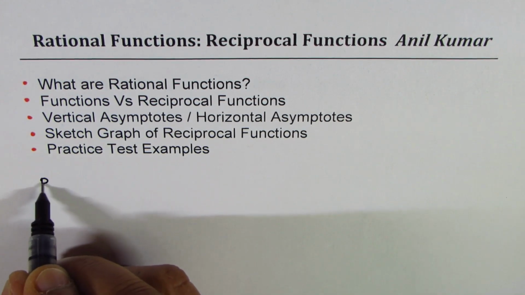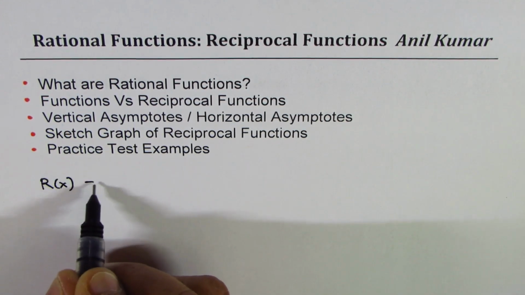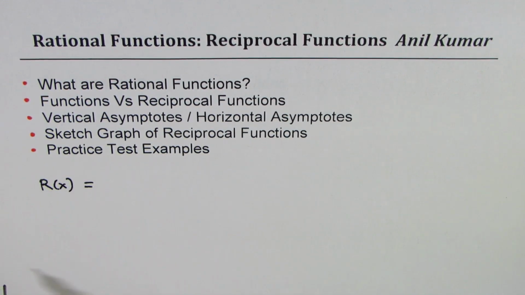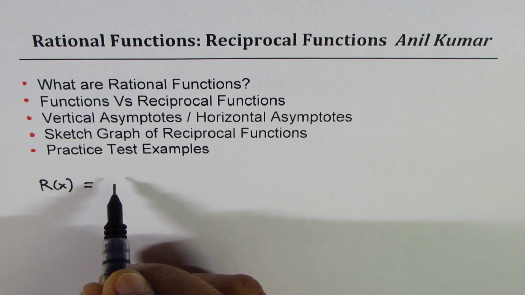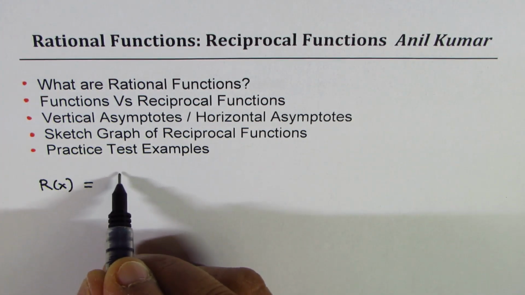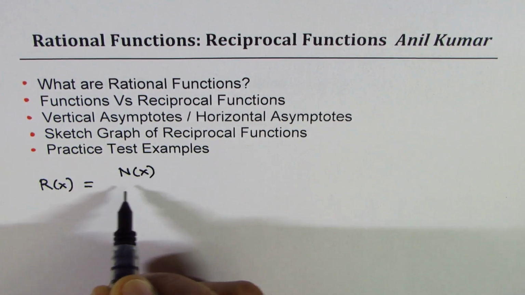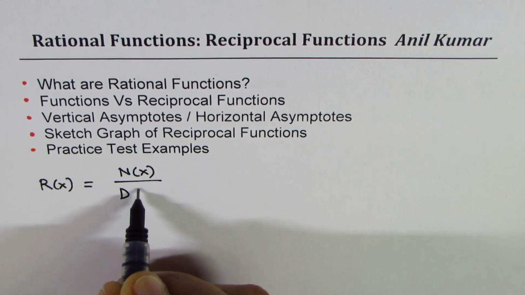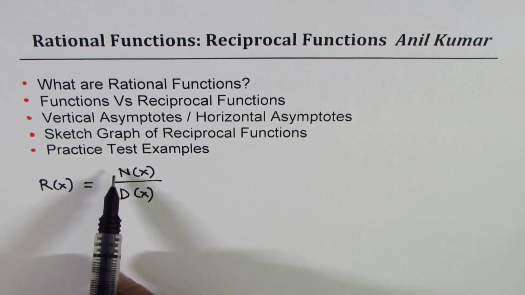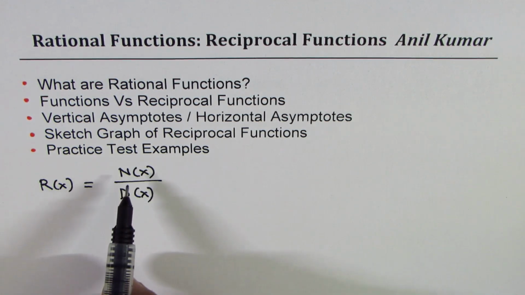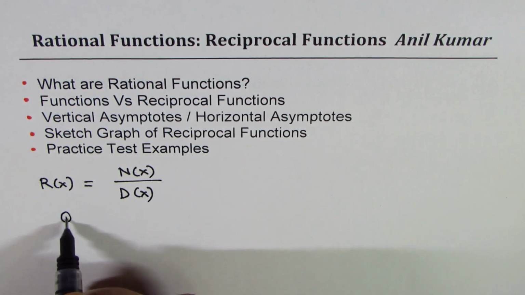Let us say r of x is a rational function. Then it is always represented as a ratio of two polynomial functions. We can write n of x in the numerator and d of x in the denominator. It is basically the quotient of two polynomial functions.